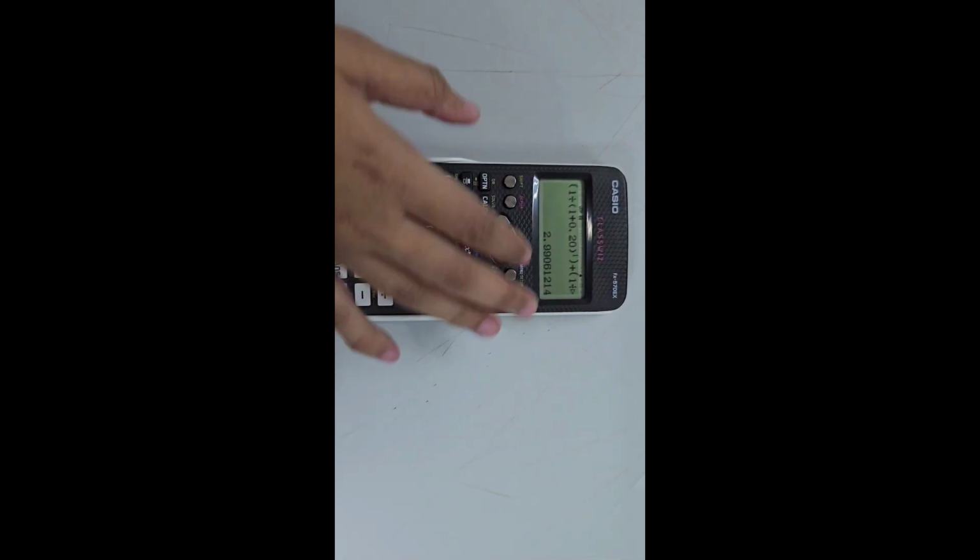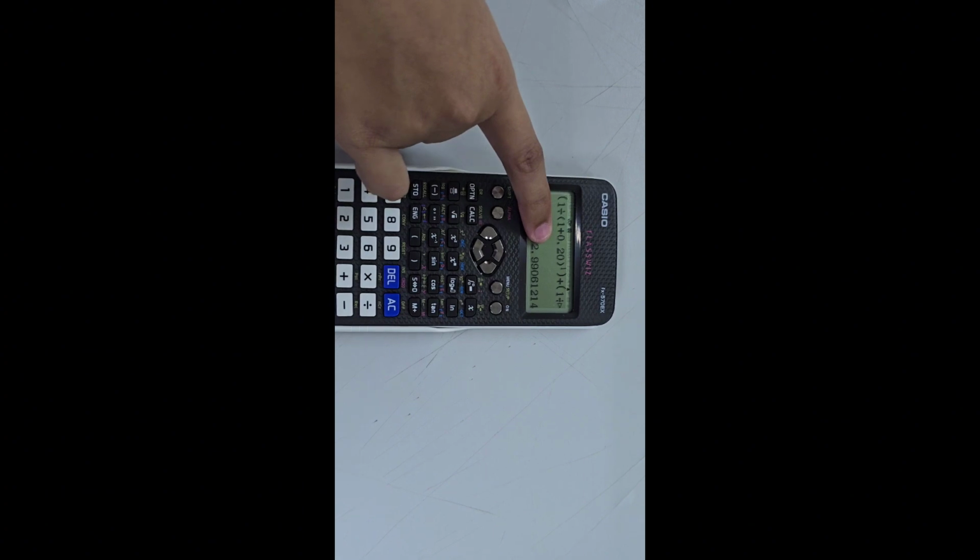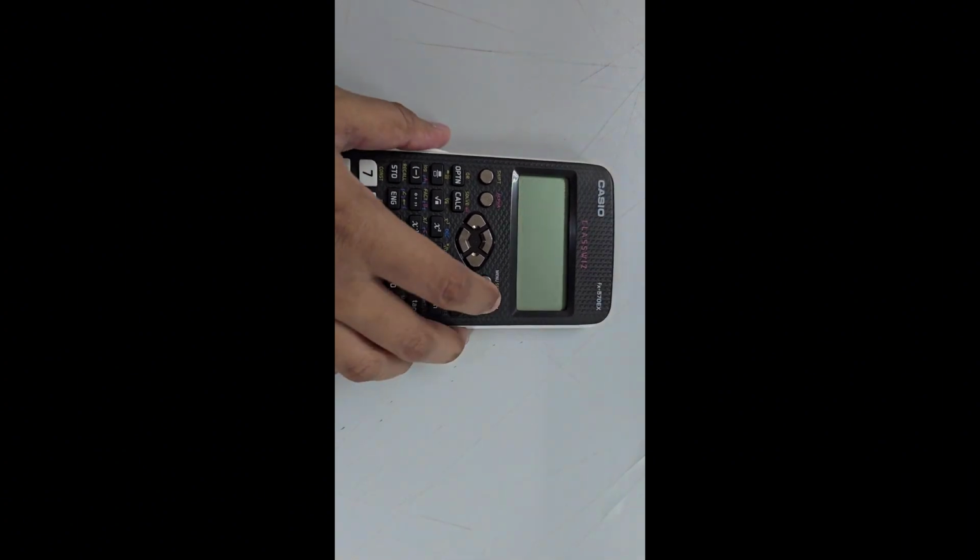So now I implement every equation until 5 years. So we get 2.99, which is closer to 3.